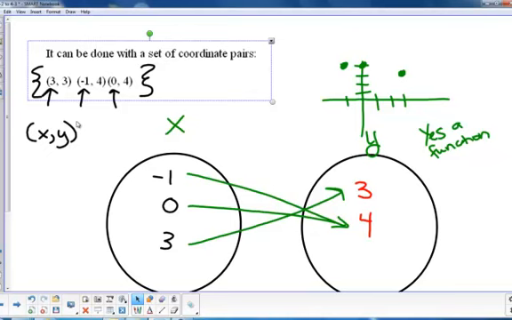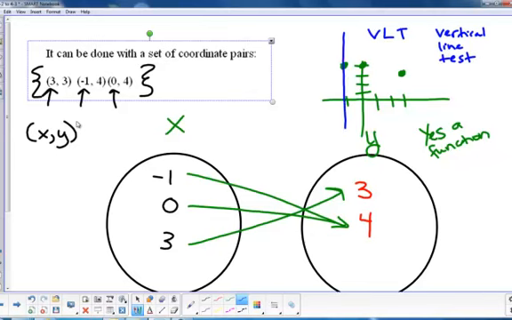The easiest way for me to remember if something is a function is something called a vertical line test. And basically, when you draw vertical lines on your graph, if it ever hits your graph more than once, it is not a function. It's also not a function if the x repeats.